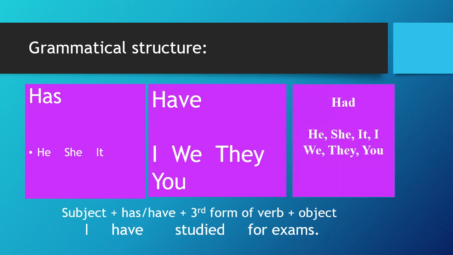Next, in past perfect tense, we use had with the third form of verb, and we use had with all sort of subjects, like he, she, it, I, we, they, you. We use with all these subjects had plus third form of verb plus object. You have to keep this thing in mind and do remember it while attempting all the sentences in the grammar and usage book. Fine.